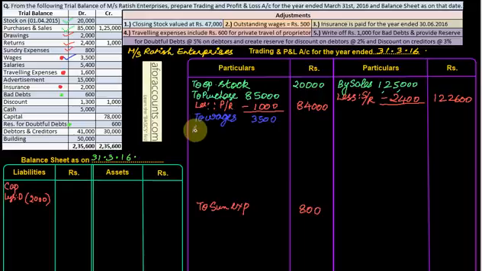So add outstanding wages 500. So 4,000 in your outer column, 3,500 plus 500, and outstanding wages is always our liability. We had to pay in the current year. We did not pay. So liability pertaining to the current year in your balance sheet liability side, outstanding wages 500.